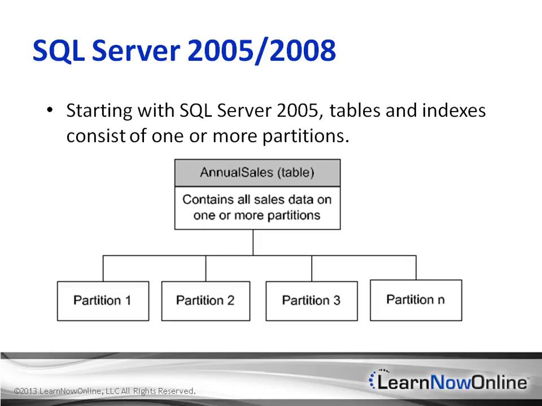So let's take a look at this graphic. Up here we have our annual sales table, and it contains all the data that reside on one or more physical partitions underneath. SQL Server is going to maintain those partitions for us and allow us to gain access to the entire table and see it as a logical table, which is exactly what we wanted.